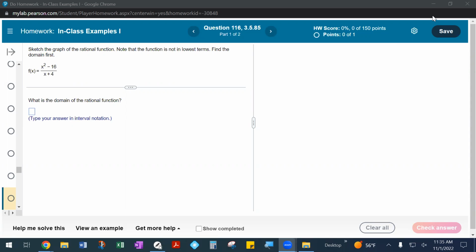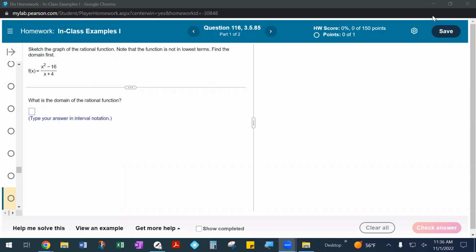So can you tell me what the domain for this function is going to be? Four to infinity. Negative 4 to negative... Oh, you guys are giving me only partial answers. Negative infinity to -4, and then -4 to infinity.